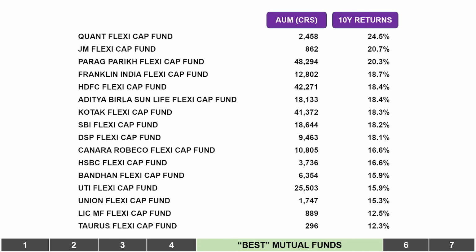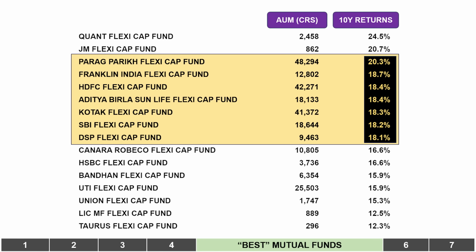So what is the solution? For this, I went back to the data. I looked at the overall 10-year performance, and very clearly FlexiCap funds that have an AUM of 10,000 crores or more, noticeably all of them seem to have delivered performance within the same range.